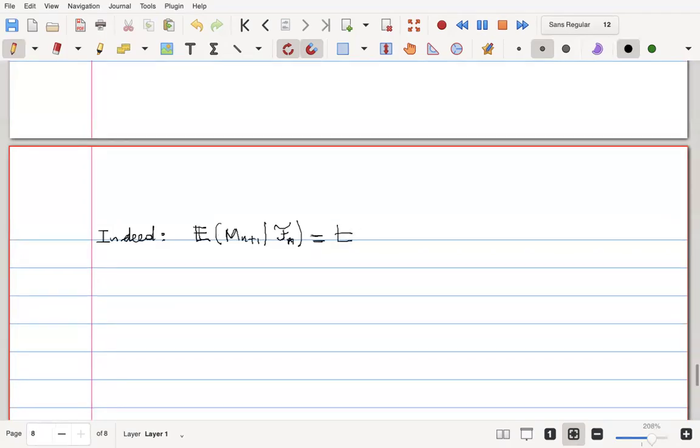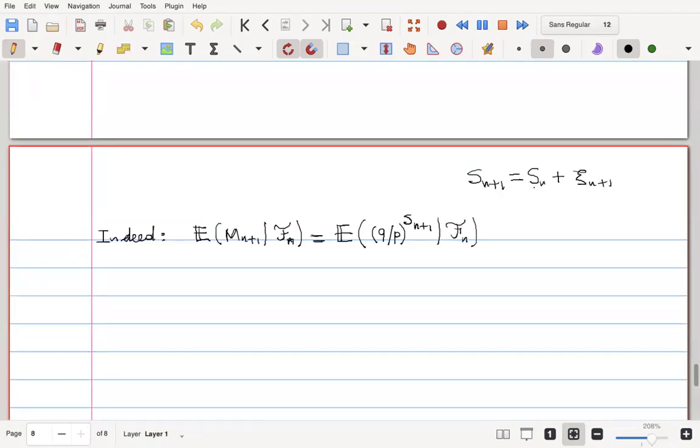We know that M_{n+1} will be (q/p) to the S_{n+1}, given F_n. But S_{n+1} is S_n plus psi_{n+1}, because that's the sum from 1 up to n+1, which we can split into two and write this.